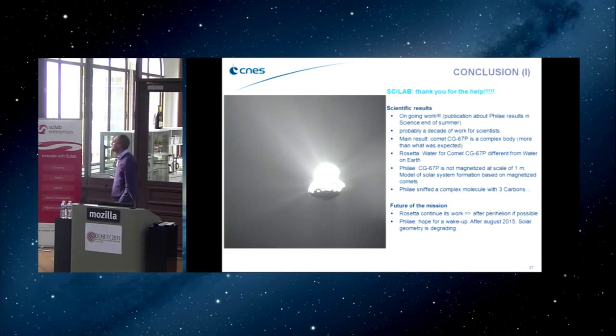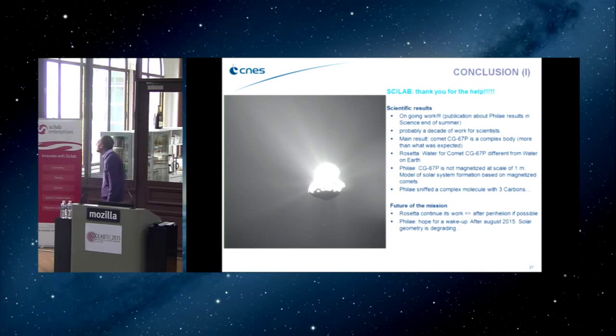So people analyzed the water from Rosetta, and it's different from the water from Earth. So it's a major result because it shows that at least this comet has water different from the one we found on Earth. It's not the case for all comets, but it was also a surprise because it was expected to have exactly the same water as what we have on Earth.